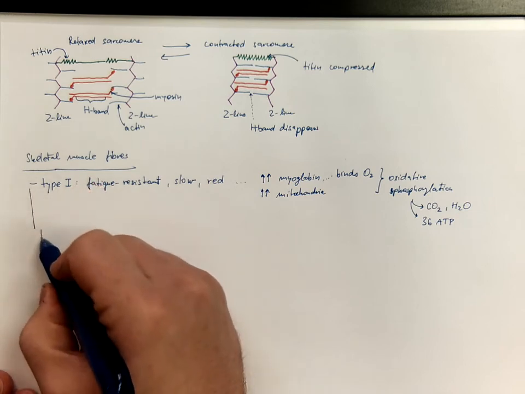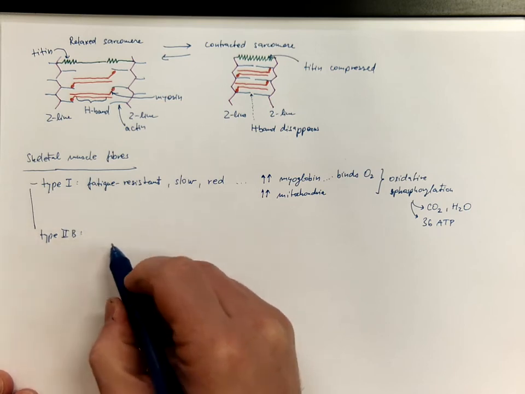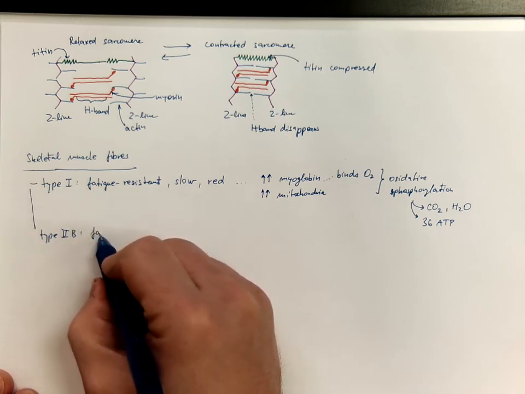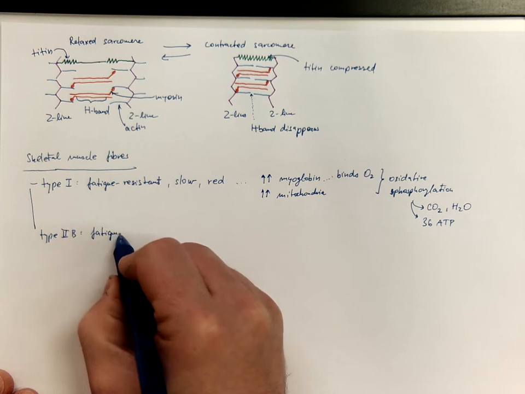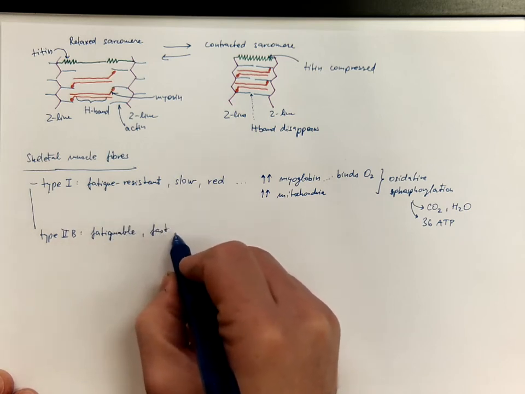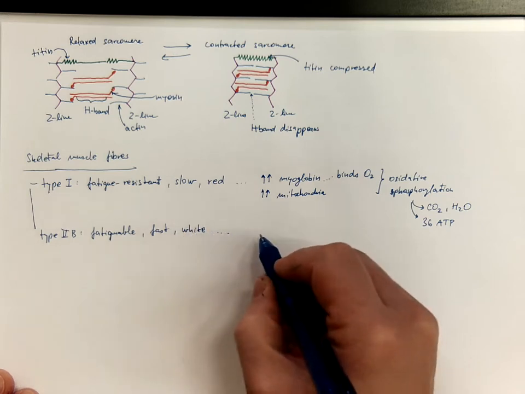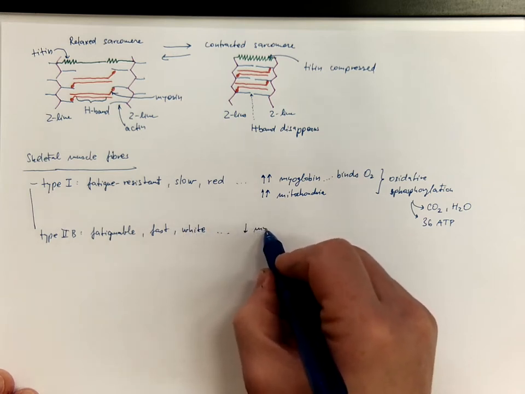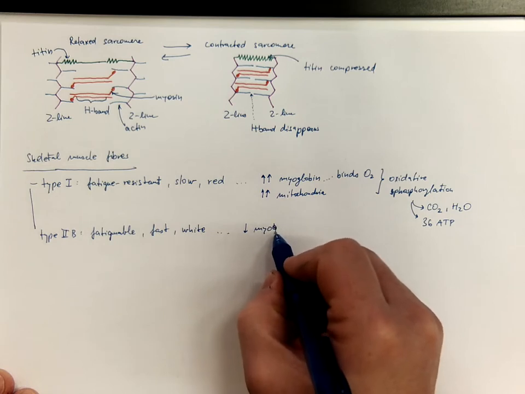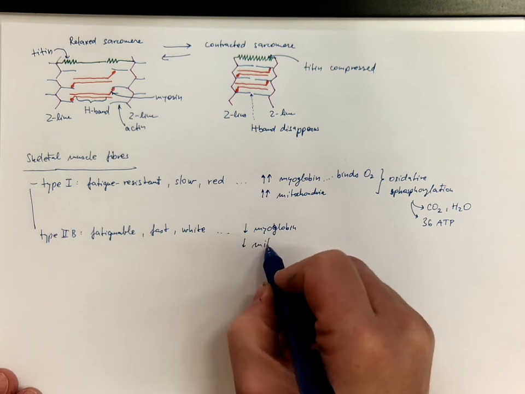While the type 2b is the opposite. It's fatiguable. It's fast but fatiguable. It's also called white because it contains low amounts of myoglobin, less mitochondria.